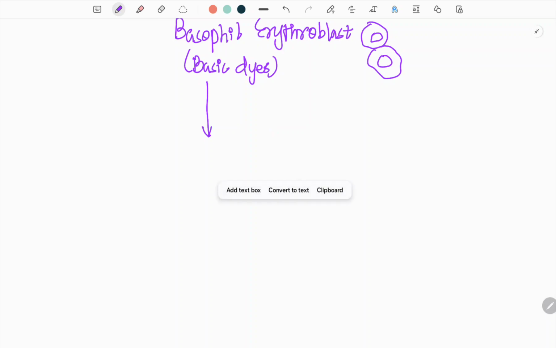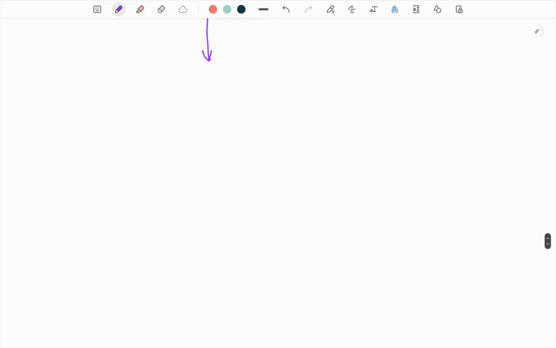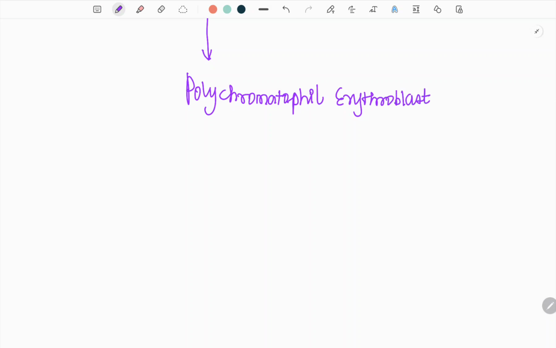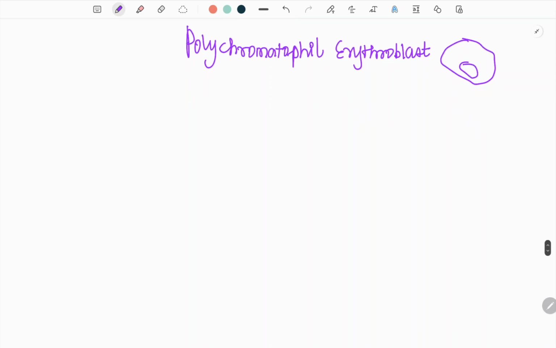Then basophil erythroblast divides further into polychromatophil erythroblast.